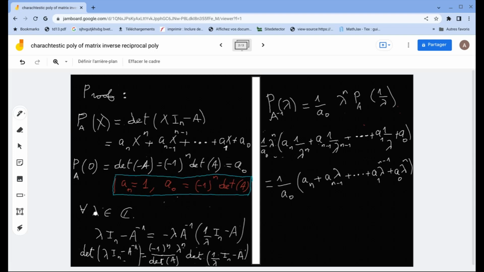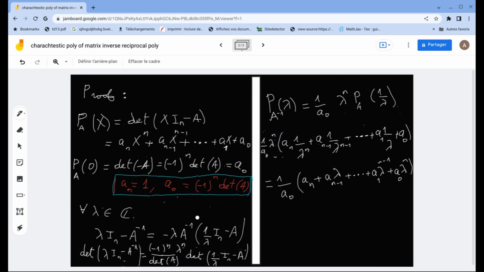For all complex numbers lambda, the matrix lambda In minus A inverse is equal to minus lambda A inverse times the factor of 1 over lambda In minus A. This is just factorizing by minus lambda A inverse.